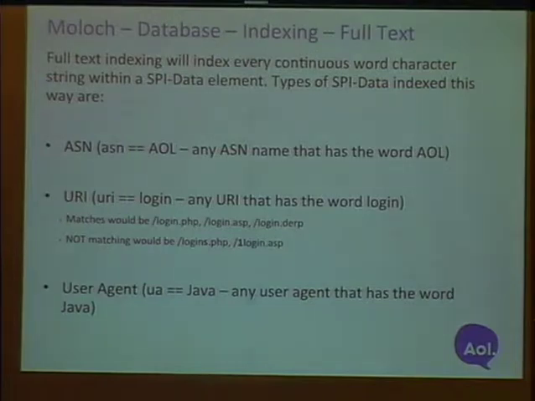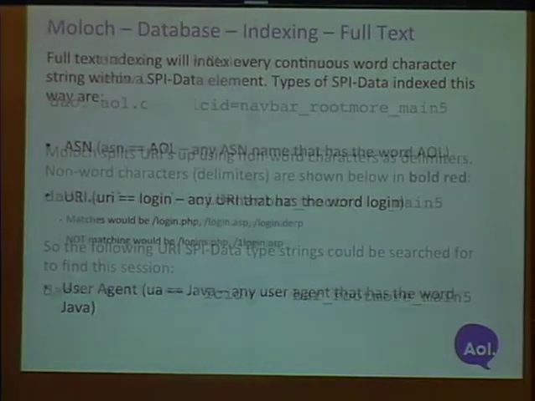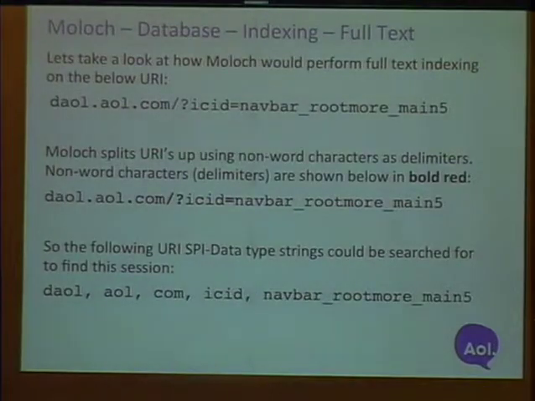This is very fast for Elasticsearch to do. So for example, Elasticsearch would break up this URI wherever there are non-word delimiters, and you would end up with these tokens, and then you can search for those tokens, and it will find this URI.